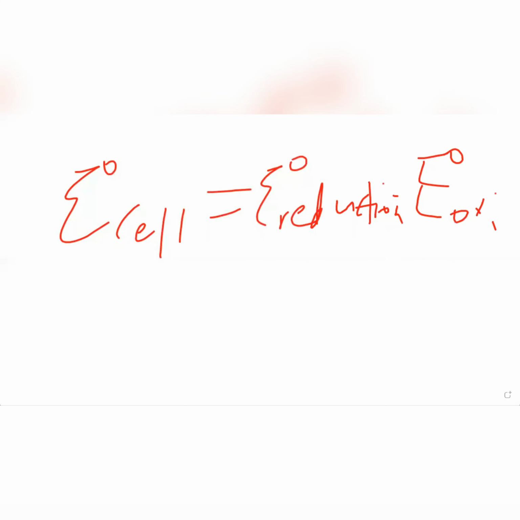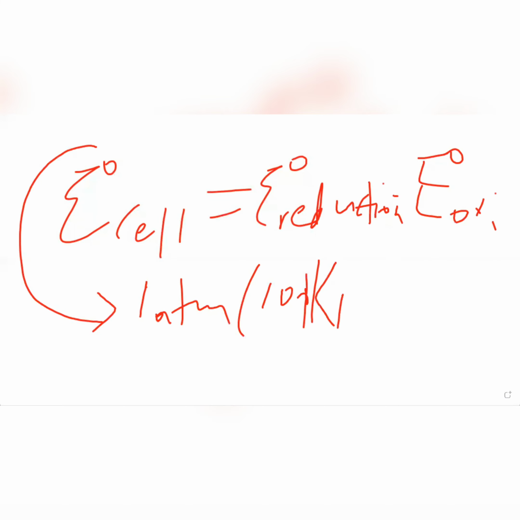Okay, so here's the situation now. When you are calculating the E naught, let me first highlight that this E naught means it's done under standard conditions, which is 1 atmosphere or 101 kilopascals, 298 K, and solutions are 1 molar solutions.